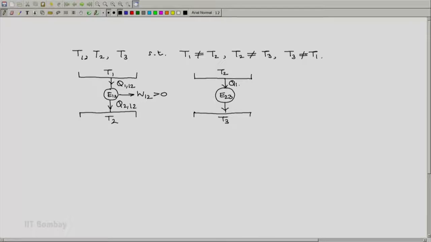It absorbs Q1 of 23 from the reservoir at T2, it rejects Q2 of 23 to the reservoir at T3 and it provides a positive amount of work W23. So, this is given: such an engine works and also such an engine works.